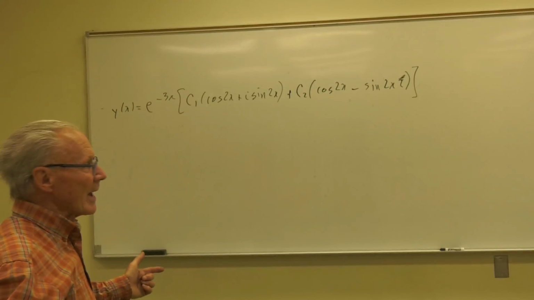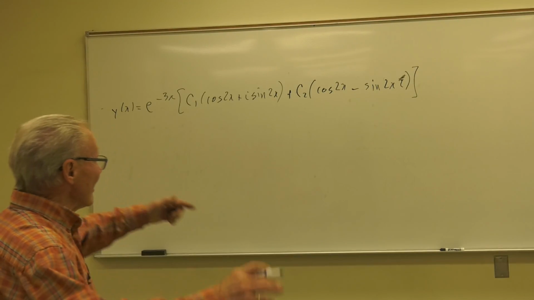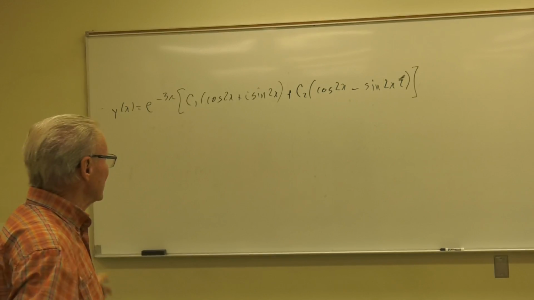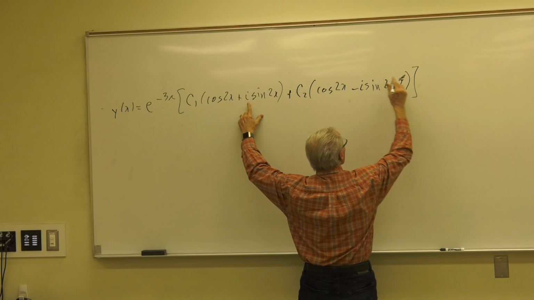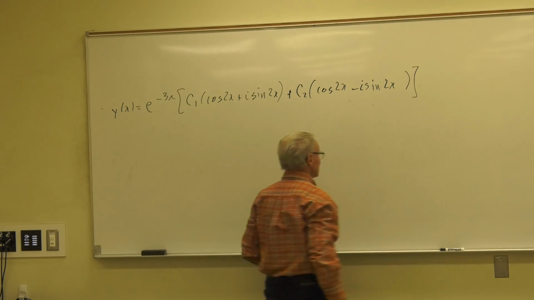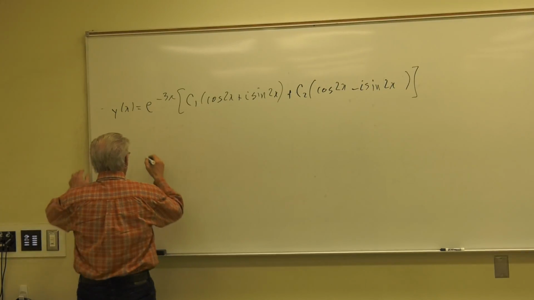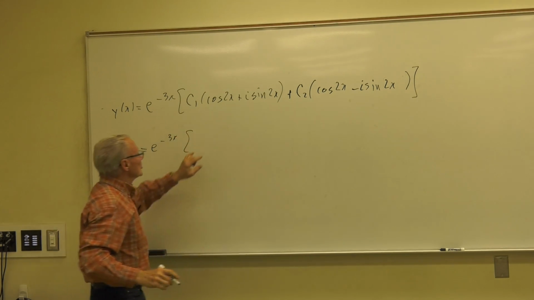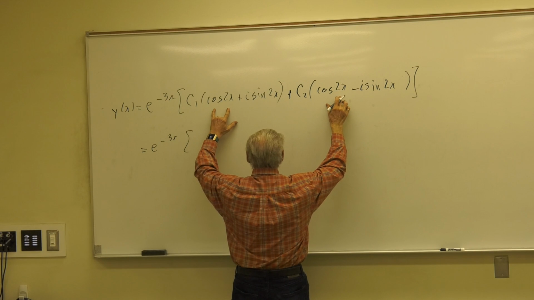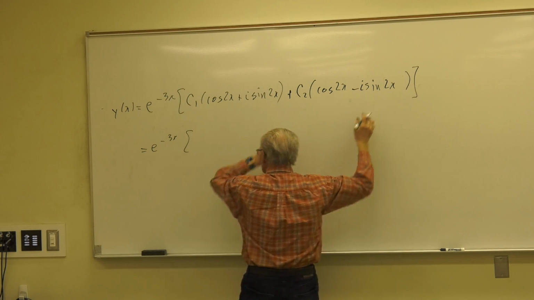I still don't know what I'm doing, but I'm doing it, okay? I still got all this complex stuff in here that I don't like. All right, well, since I put this i out front here, let me put this one up in front too, so we don't get confused. I propose now to take these things inside here and group the two cosine terms together and the two sine terms together.